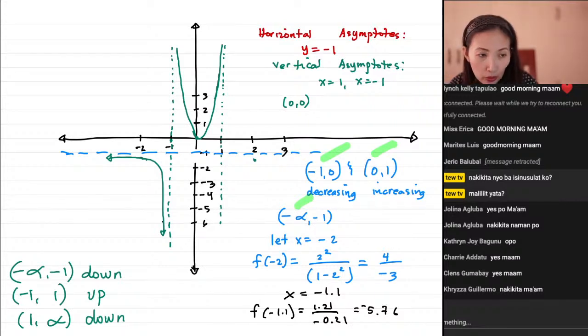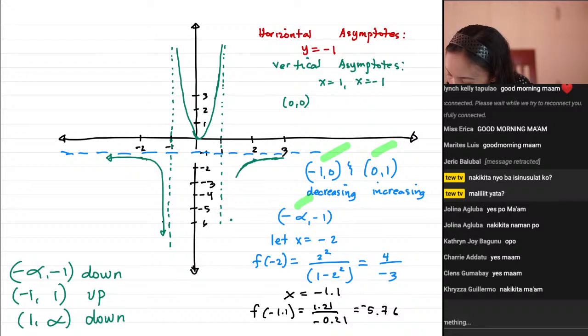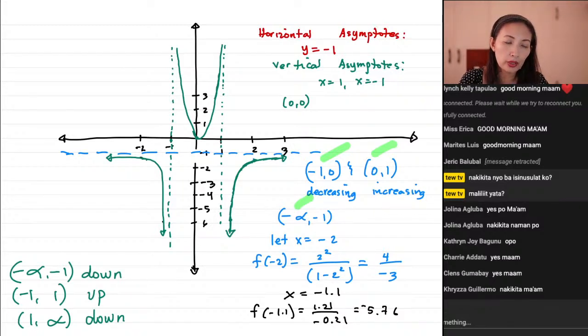So if we now draw the graph, your graph would try to get closer and closer to the horizontal asymptote, and it will also get closer and closer to the vertical asymptote. Okay, so this is the graph of the function. In fact, there are 3 parts of the graph. Okay, so from which interval? From negative infinity to negative 1.